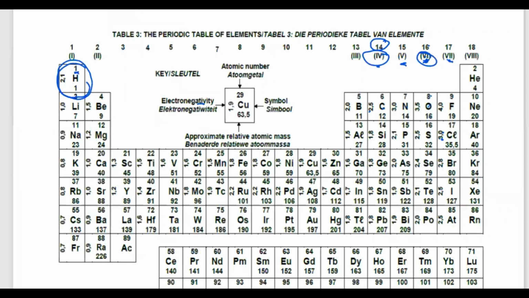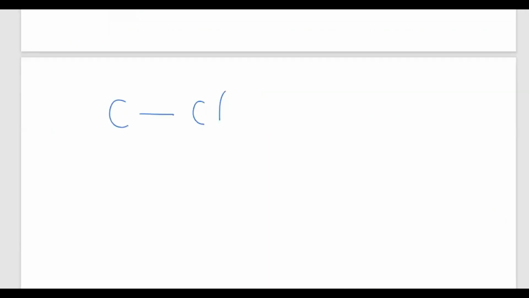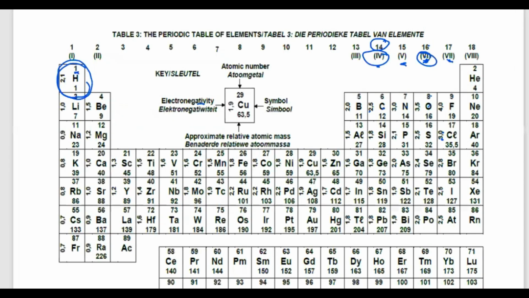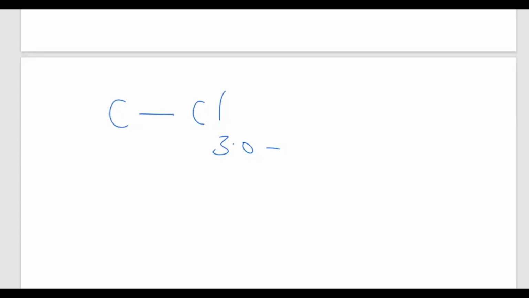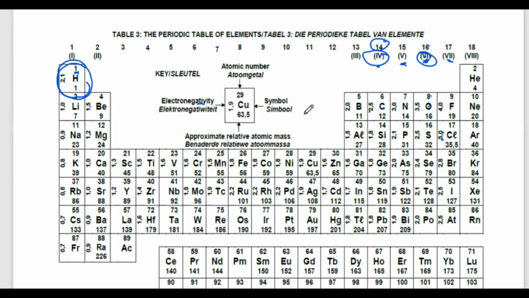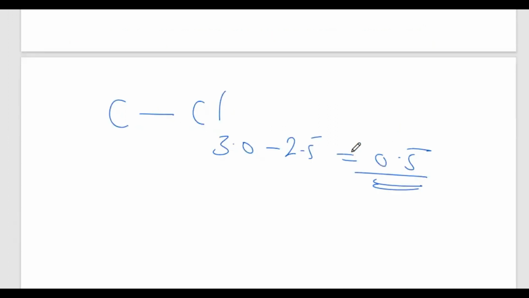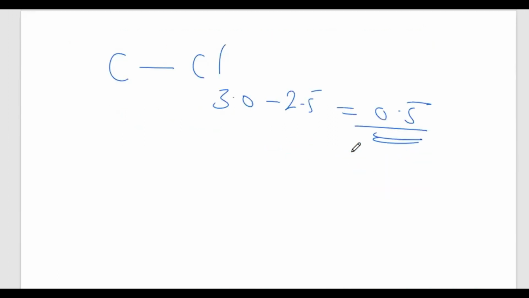We said chloride is 3.0, minus the carbon. Carbon is 2.5. And then it means that the polarity of this bond is 0.5. So that is how you are supposed to calculate the polarity.